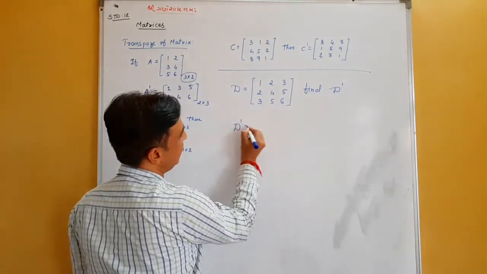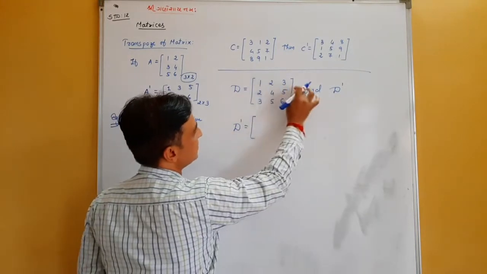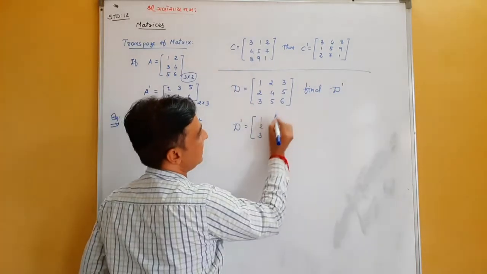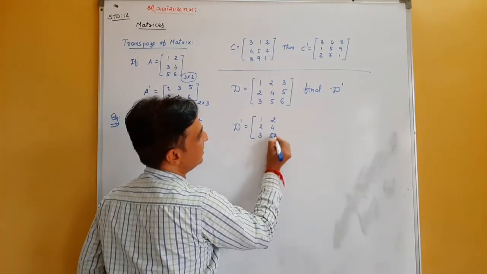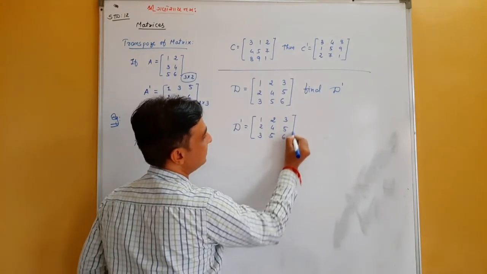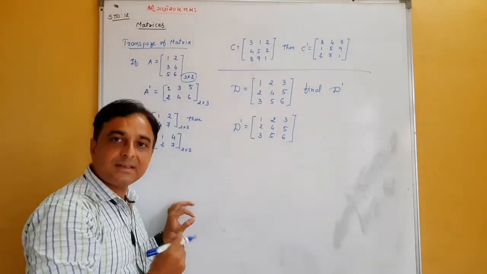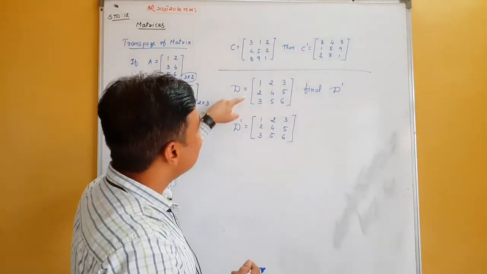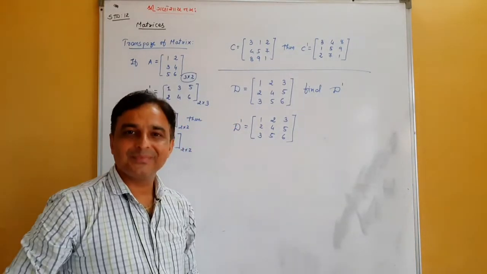That means D dash: see, first row 1, 2, 3 becomes the first column, second row becomes the second column, and third row becomes the third column. It is the transpose of D. But see, next thing, both are the same.